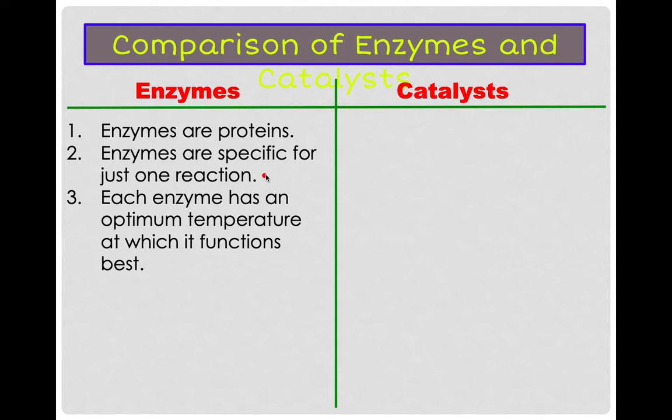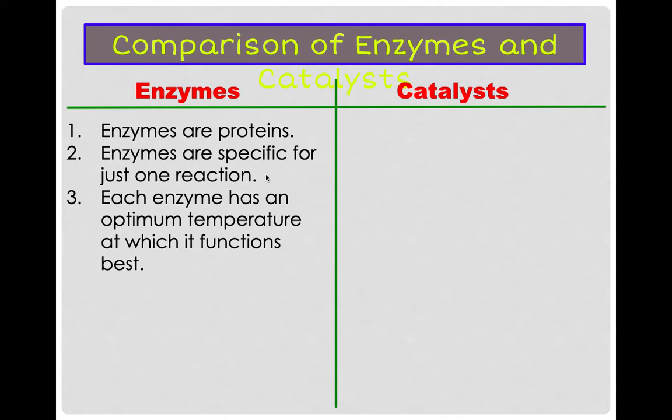Each enzyme has an optimum temperature at which it functions best. What this means, each enzyme works best at a certain temperature. Okay, so for example, if an enzyme works well at 37 degrees, and if you put it in a 50-degree solution, it will not work.